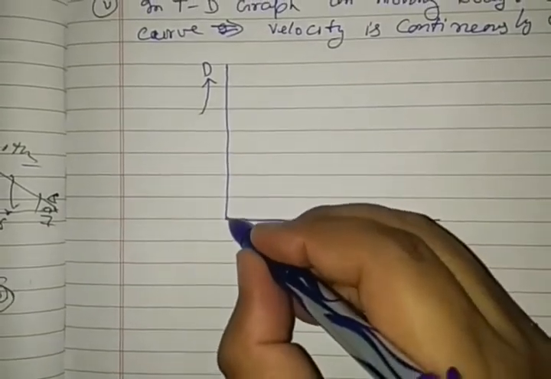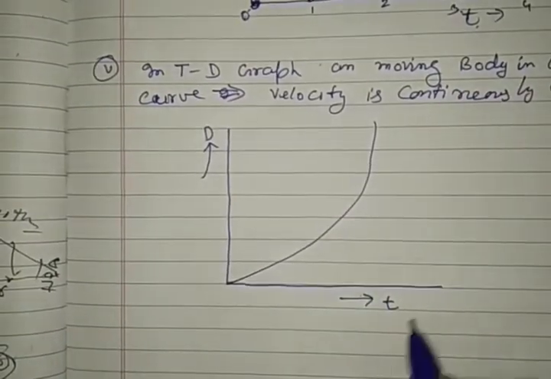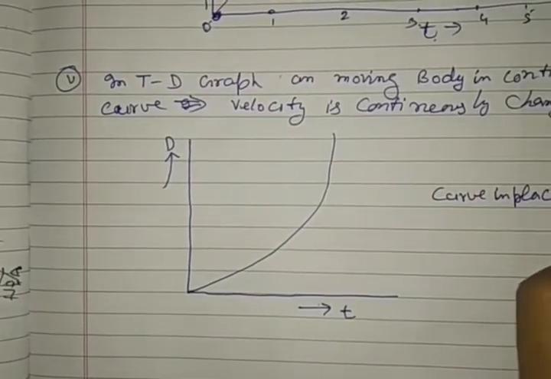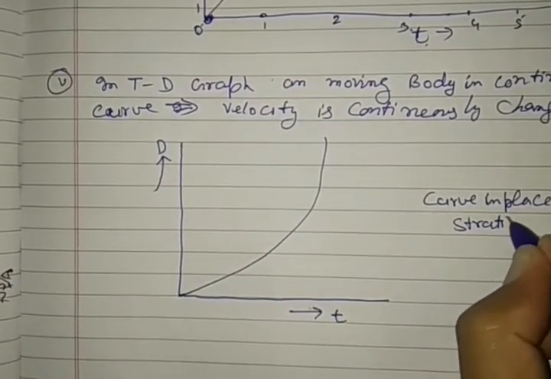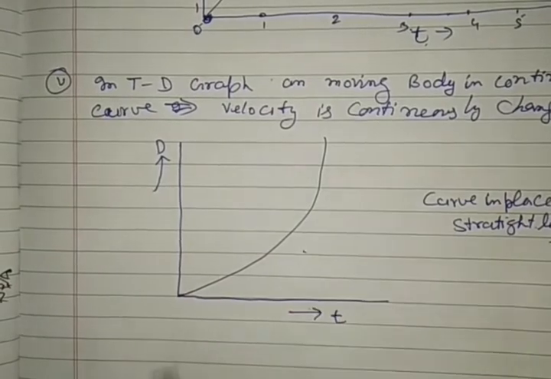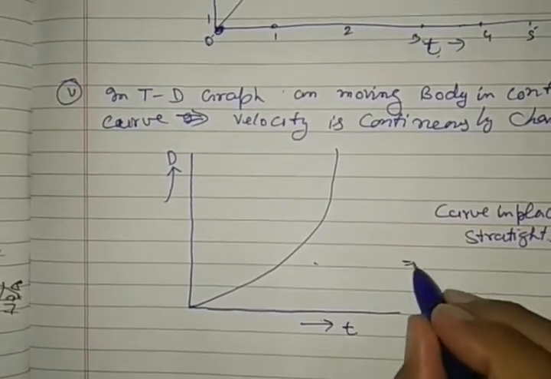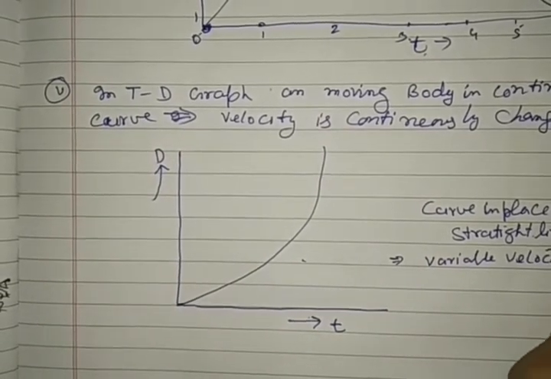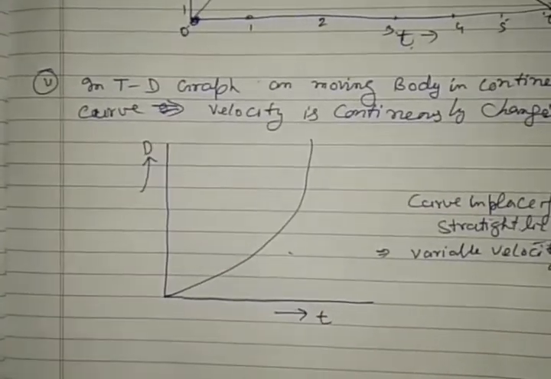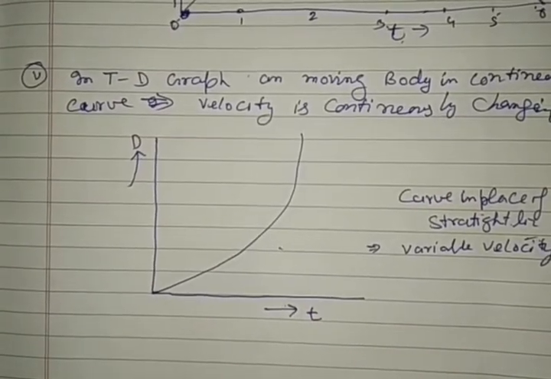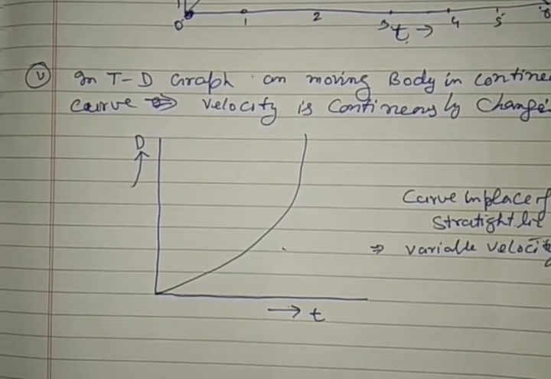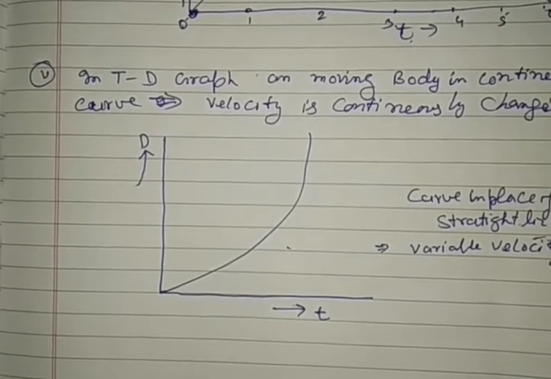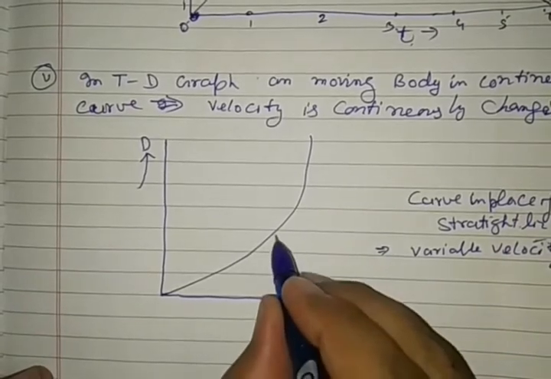If you are getting a curve in place of a straight line, in that condition the body is moving with variable velocity, which means at every moment the velocity of the moving body is changing.